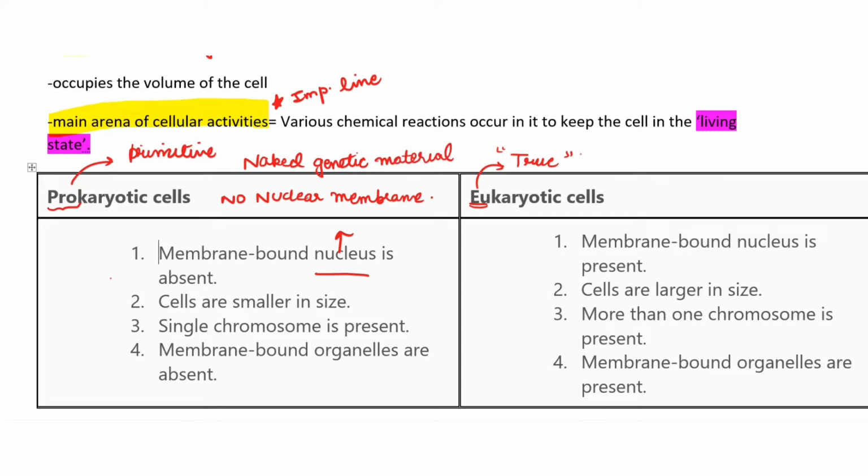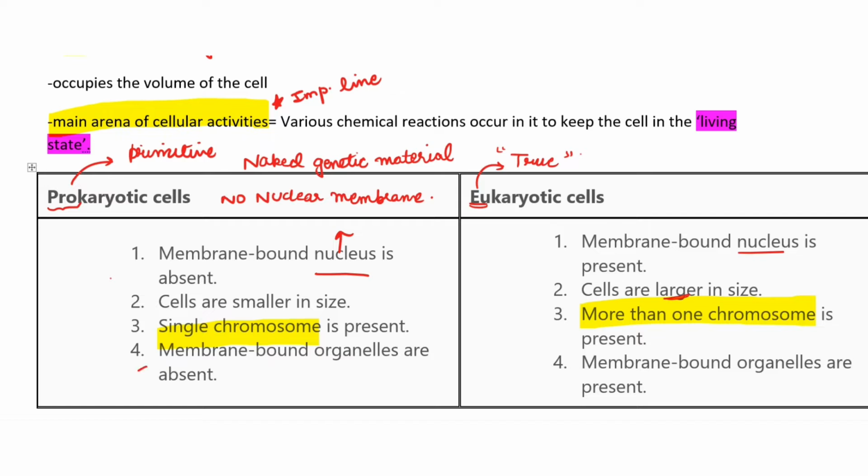The nucleus has a nuclear membrane around it. Okay. Next, prokaryotic cells are smaller in size, whereas eukaryotic cells are larger. Prokaryotic cells have a single chromosome present, whereas eukaryotic cells can have more than one chromosome present in them. For example, human cells, how many chromosomes do we have? We have 23 pairs, 46 chromosomes, which means human cells are eukaryotic cells.